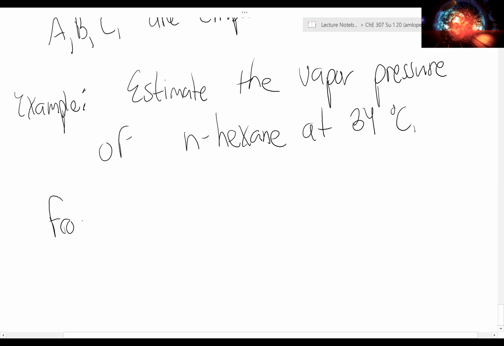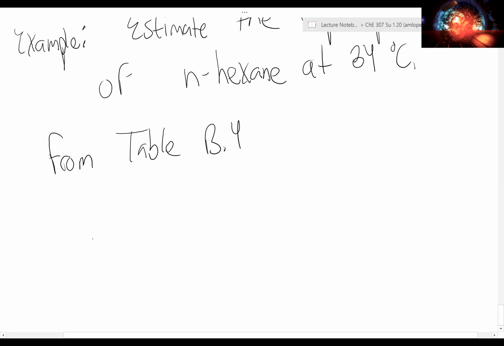So all right, from table B.4, A for n-hexane is 6.88555. B is 1175.817.